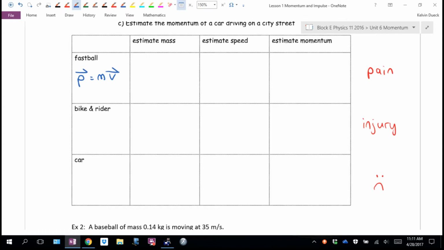Here's half a kilogram. I still feel like it's lighter than that. It is. Here's 100 grams, 0.1 kilograms. Okay.